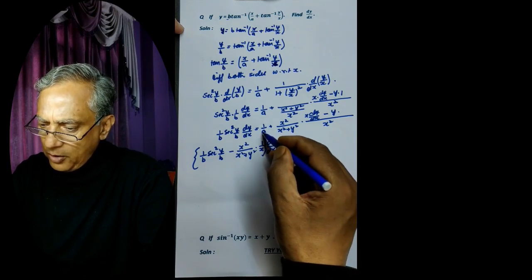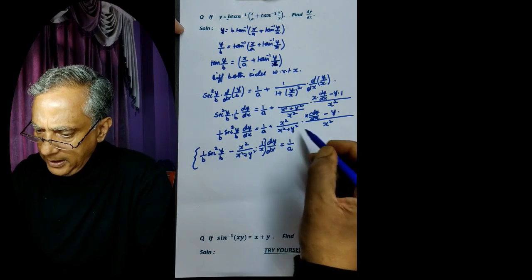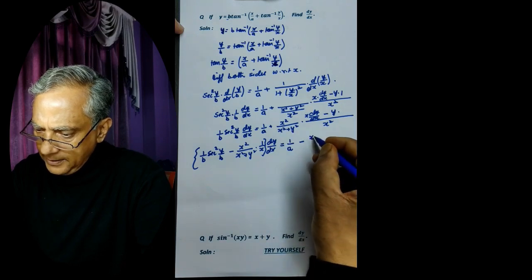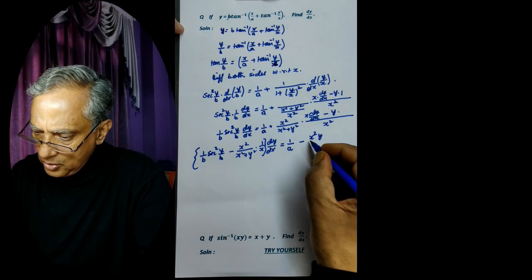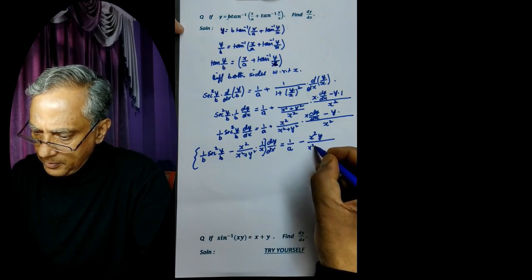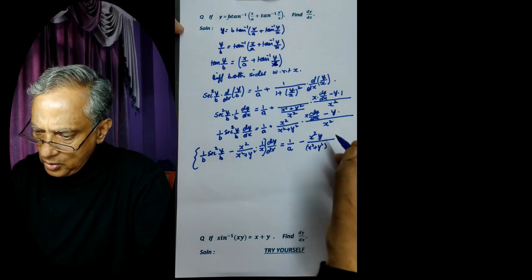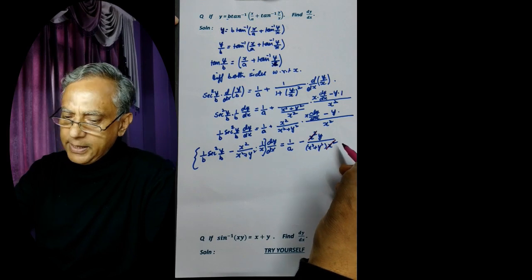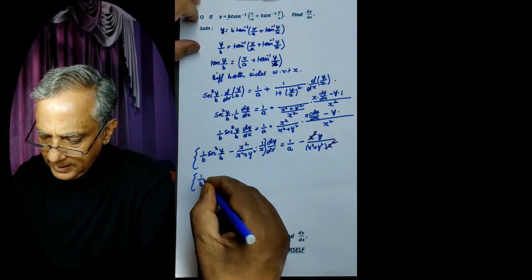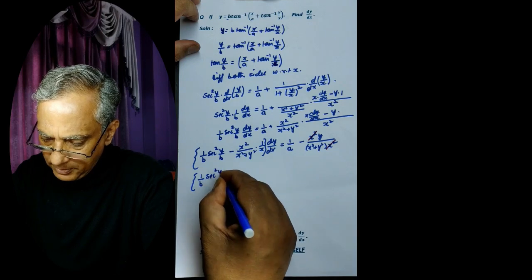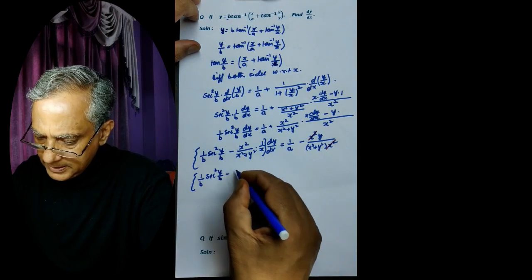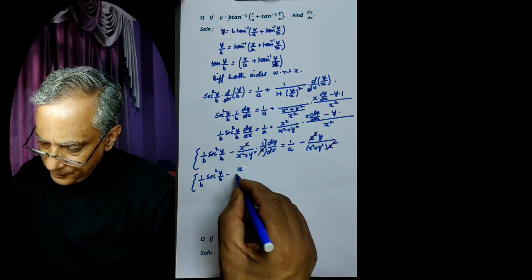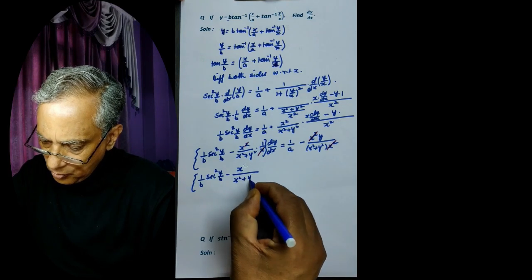From here we have the term not involving dy by dx will be x square y over x square plus y square into x square. This x square cancels with this, and we get 1 by b secant square y by b minus x, and x cancels, and we get x over x square plus y square.